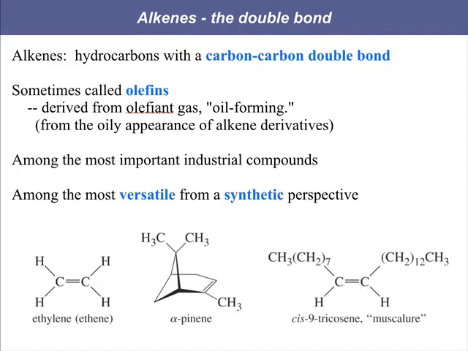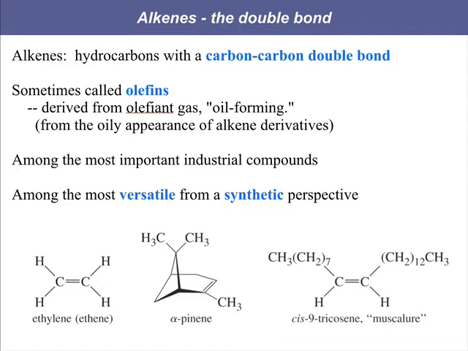Sometimes alkenes are called olefins. That word is derived from a gas called olefiant gas, which there was a reaction that you could perform on olefiant gas that would turn the gas into an oil. And this is also a reference to the oily appearance of many alkenes and alkene derivatives.